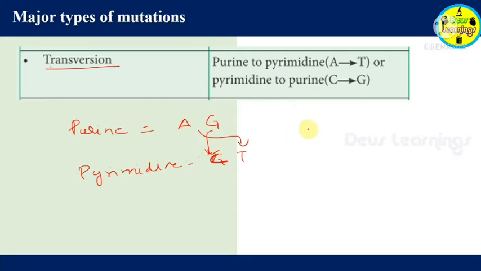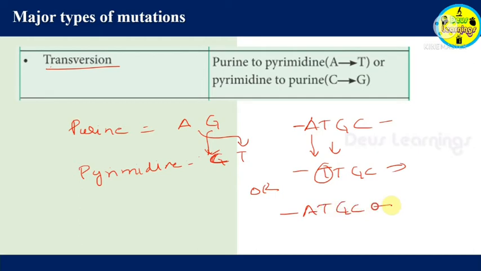For example, we have again A, T, G, and C, and if it is changed to T, T, G, and C, you see there is a change. A purine becomes a pyrimidine. Or A, T, G, C can become A, T, G, G. So you see there's a change, and this will be called transversion.